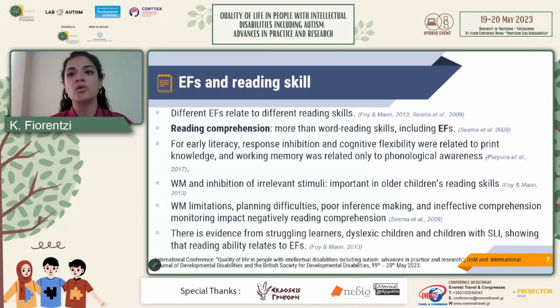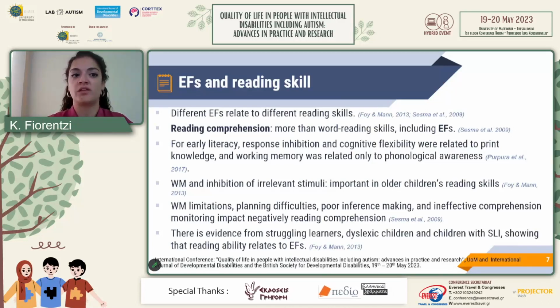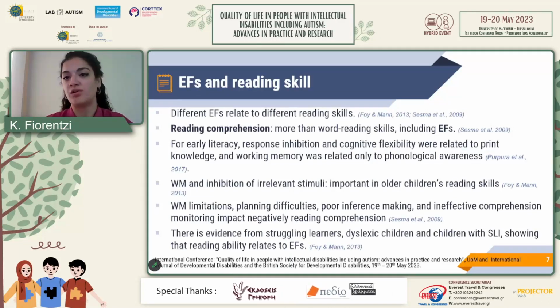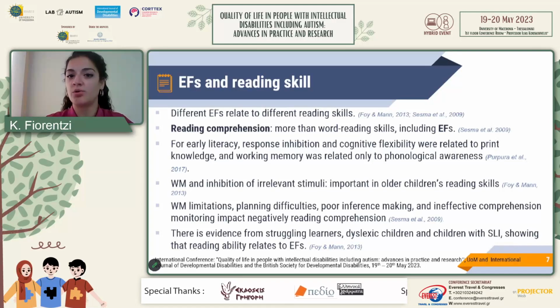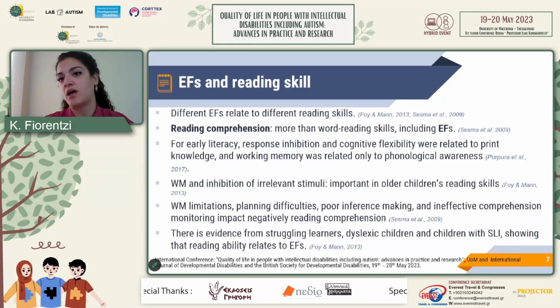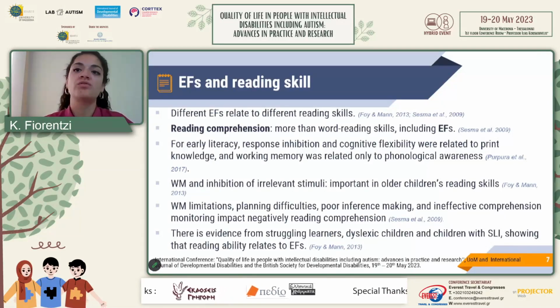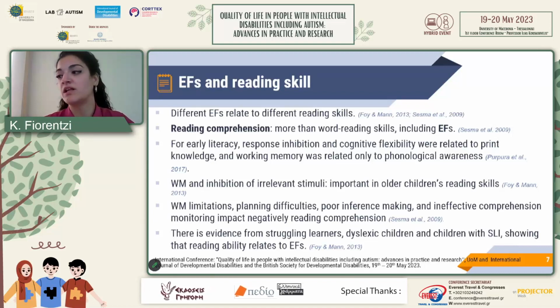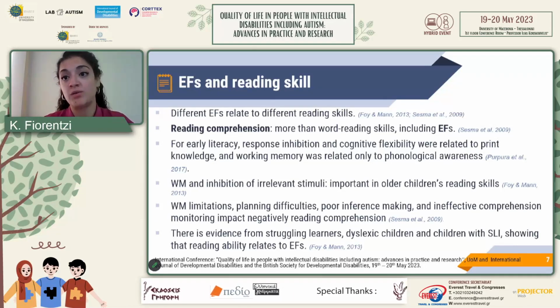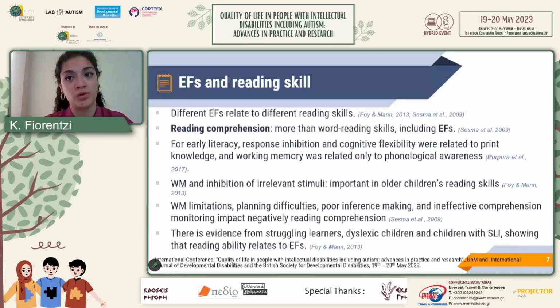So in older children, we can see that working memory and inhibition of irrelevant stimuli are important in reading comprehension and in reading in general. So as we grow up, we do not read only in order to answer certain questions, but we rather read in order to acquire broader knowledge.